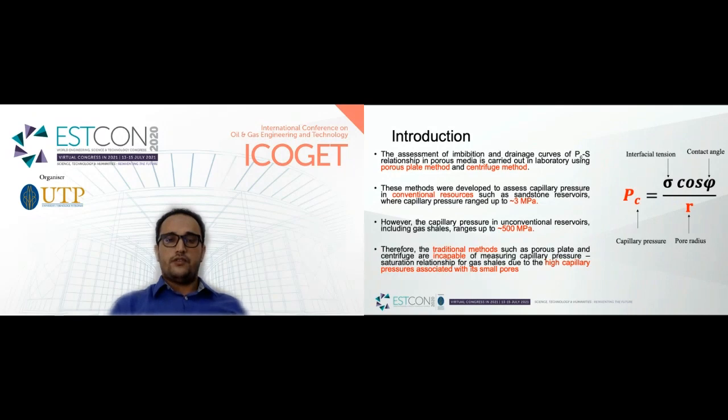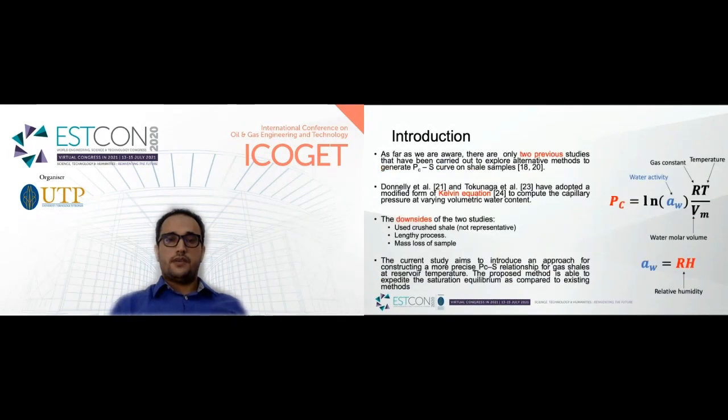But in unconventional reservoirs, including gas shales, the capillary pressure can reach 500 megapascal, which is very high, and therefore the conventional methods, including the porous plate and centrifuge methods, are not suitable. They are not feasible to assess such high capillary pressure, and we need another method to do that.